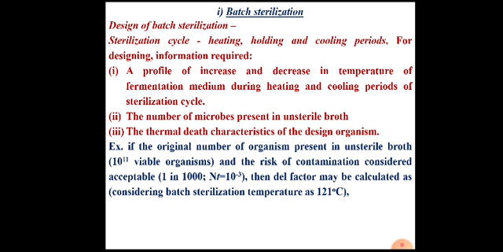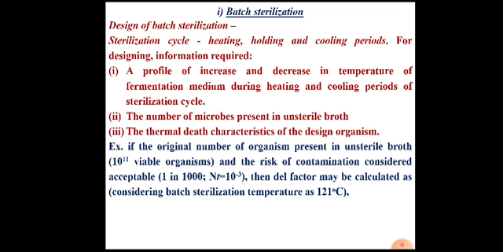It is considered as 0.1, 0.01, 0.001, etc. In this example, if the acceptable risk of contamination is considered as 1 in 1000, that means there is a chance of contamination of one batch out of 1000.